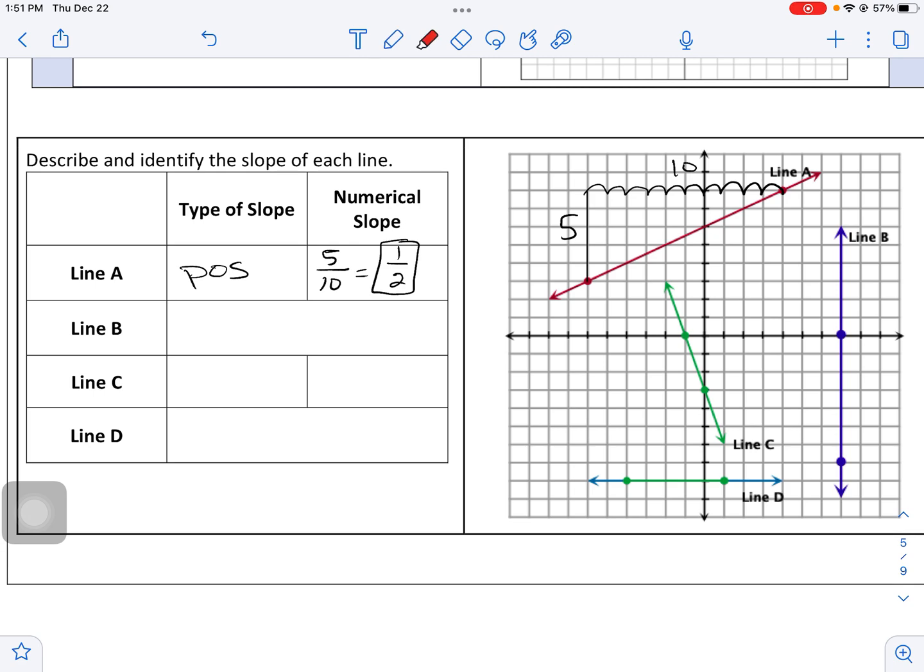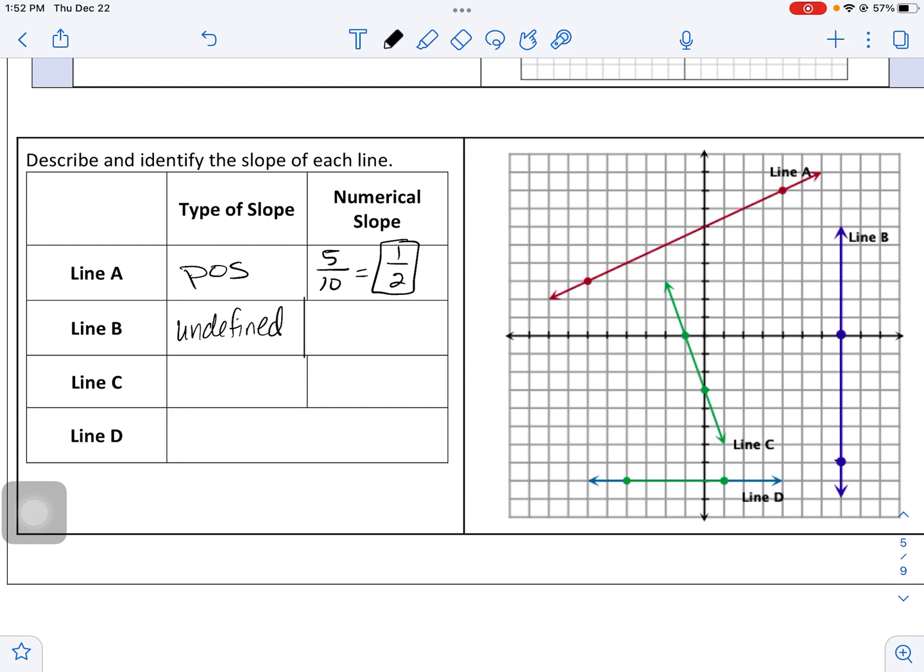Line B is right here. So line B, this is called an undefined slope. An undefined slope. Okay, so that's actually what the slope is. If we were to count, see how we start here and we go up here?